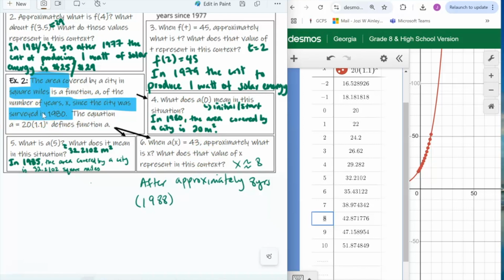Okay, after approximately 8 years, the area covered by a city is 43 square miles. And you can write square miles or you can write miles squared, the same thing.